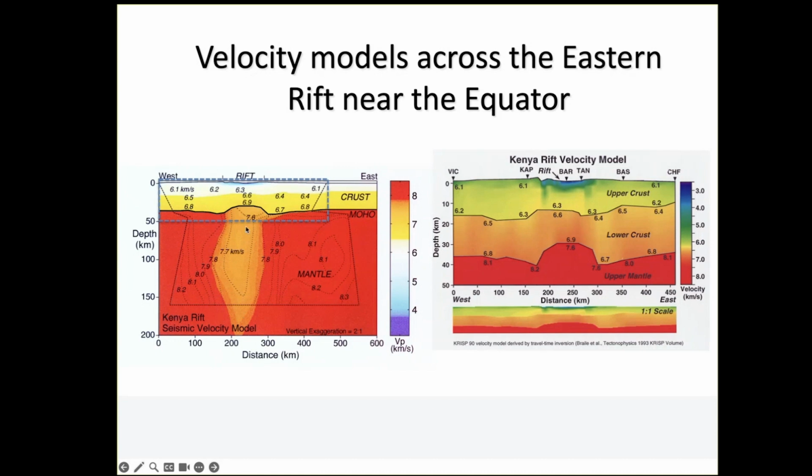And then off to the sides, we get back to normal velocities, which the nominal velocity for the upper mantle is 8.1 kilometers per second, like we see here. But right underneath the rift, we don't see that. We see 7.6. Does anybody have an opinion of what that is representing? Why it's lower than 8.1?